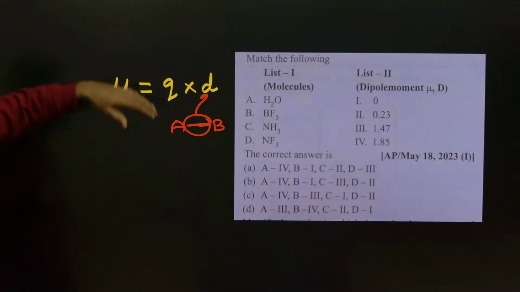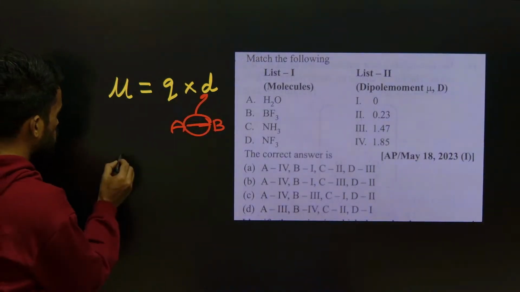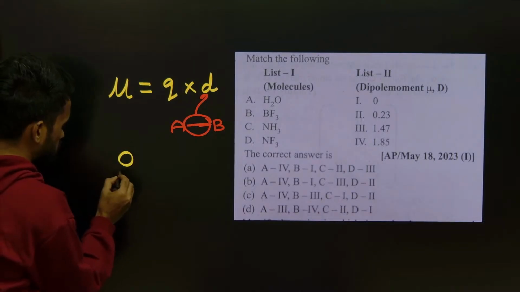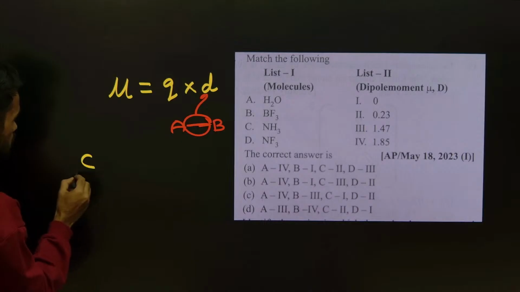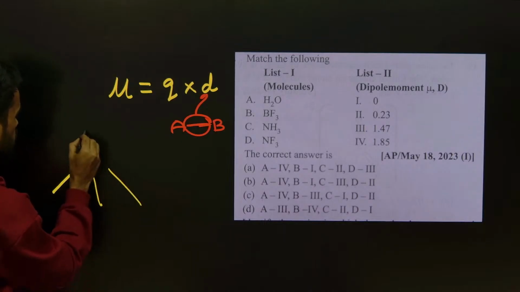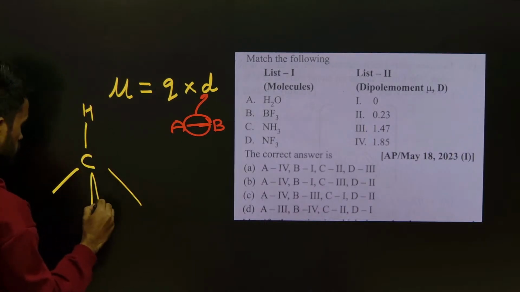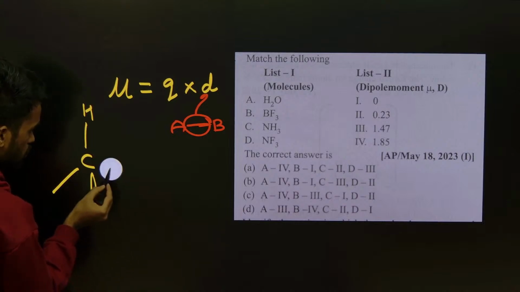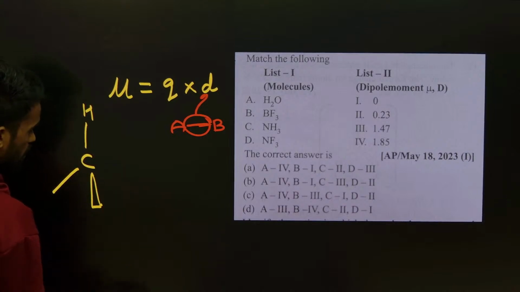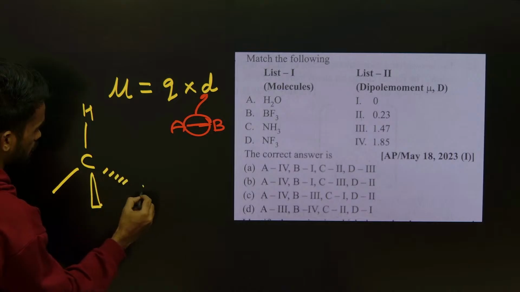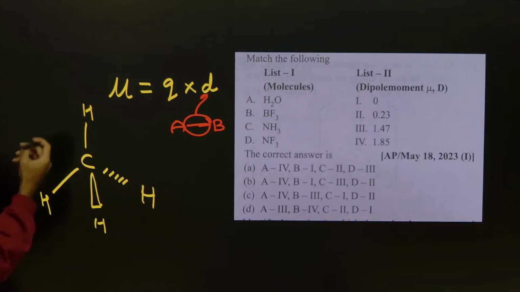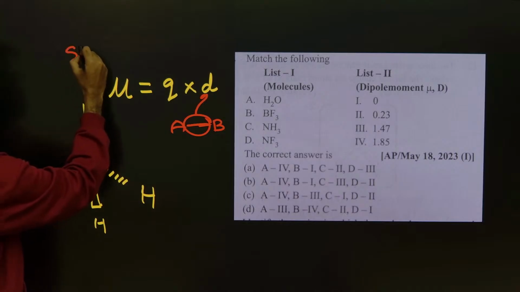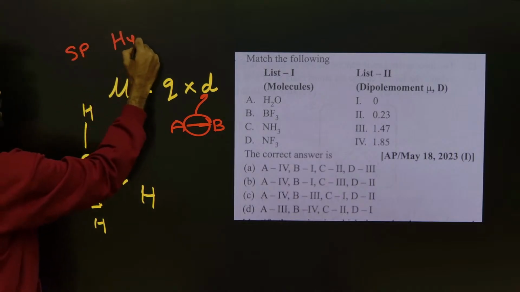And one more thing, it's a vector quantity, as I said. I am taking 4 different molecules for understanding purposes. I am taking methane, which has tetrahedral geometry. Whenever you find a hybridization, first find the hybridization.